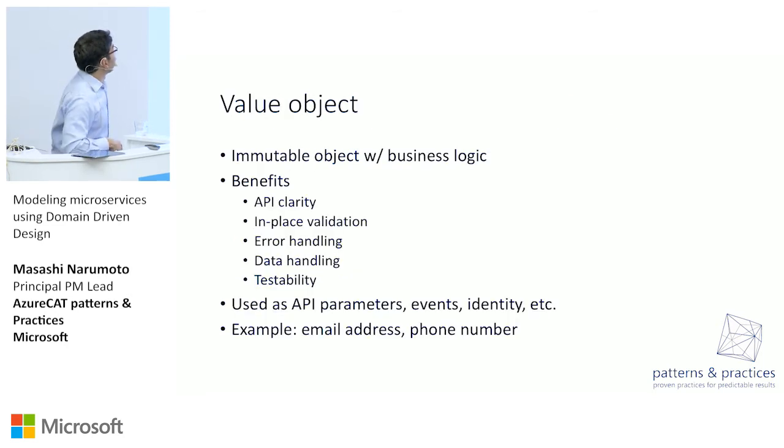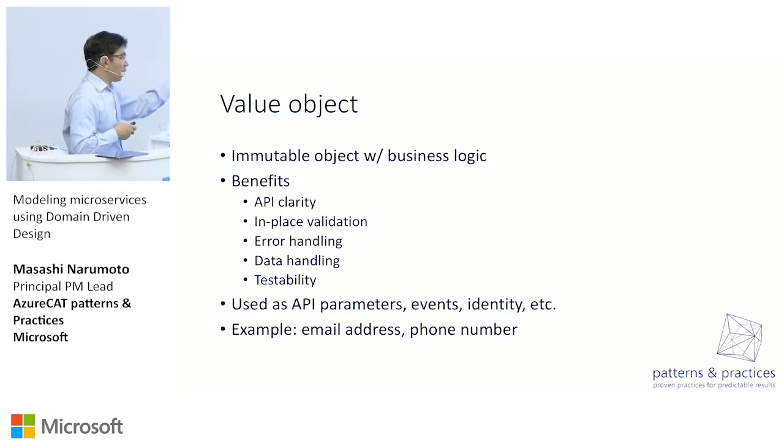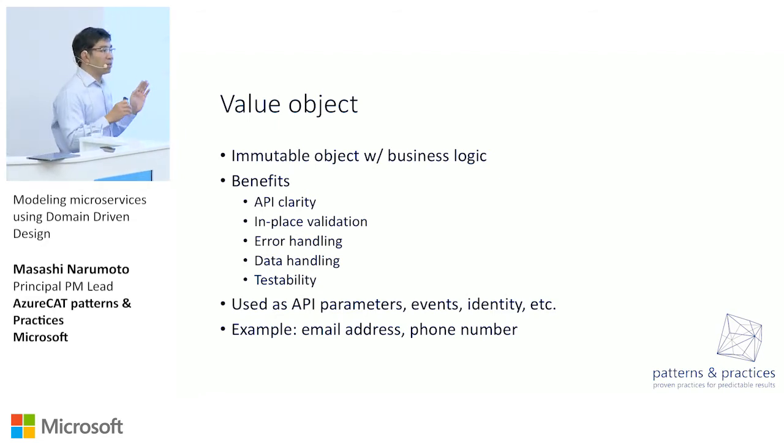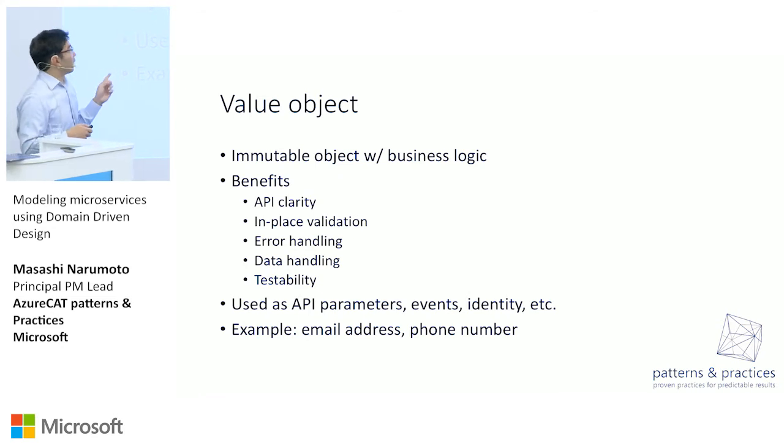Let's start with value object. This is an immutable object, meaning there's no history maintained, right? So for example, email or phone numbers, that's just a value. You can throw that away and create it from scratch. That's what I mean by immutable. Value object is like this.